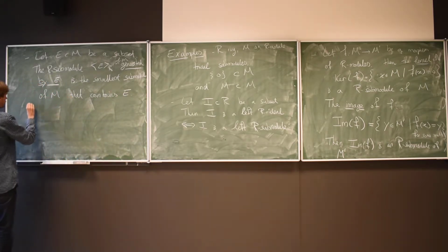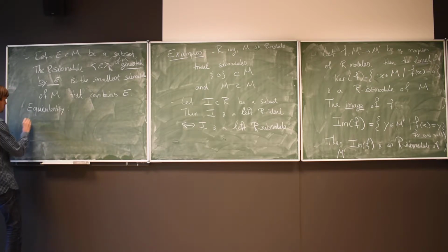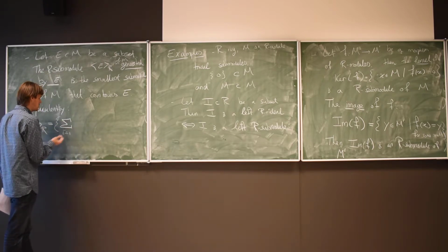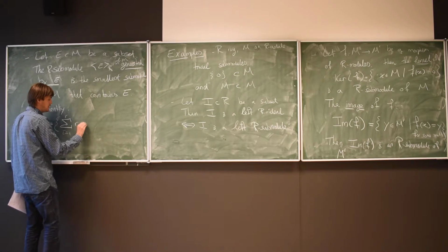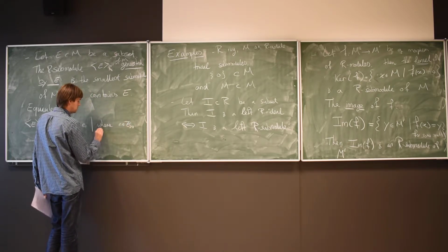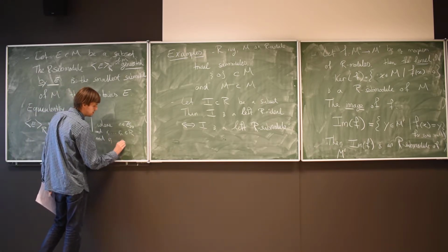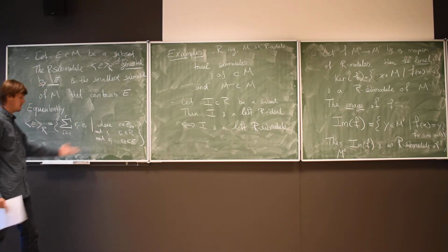So equivalently, this thing, the submodule generated by E, is the set of all combinations that you can form using elements of E. So the set of all finite sums, i from 1 to n, r_i e_i, where r_1 to r_n are in R, and e_1 to e_n are in E. So it's very easy to see that this is again an R module.